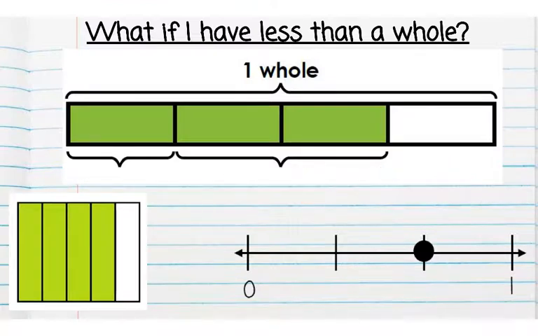Let's move to the one that has thirds. And the reason I know it has thirds is because we have 1, 2, 3 sections, which means each one of those is 1/3. But they don't care about the whole thing. They stopped right here, so they were stopping at 2/3. What I want to know is, how did we get to 2/3?